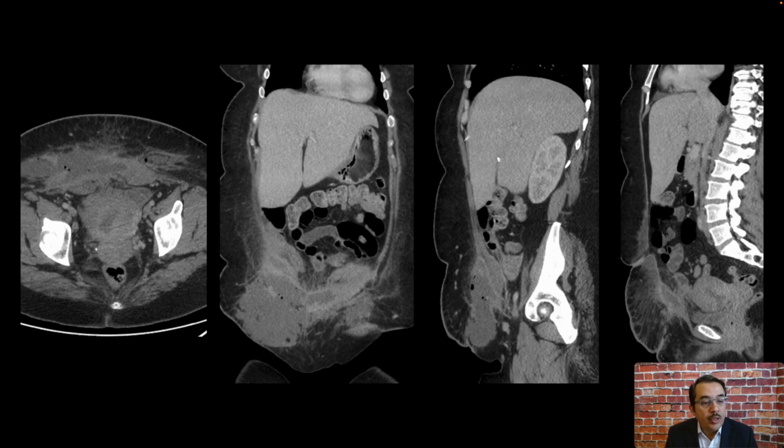The next patient presented after C-section surgery and complained of abdominal distension, fever with chills, and their white cell count was elevated. Here on their CT, we find that they have this large subcutaneous collection with foci of air.